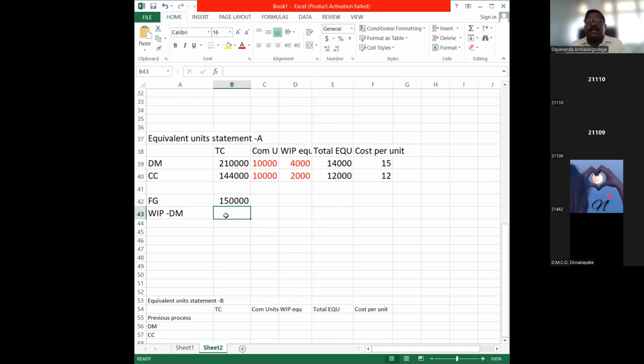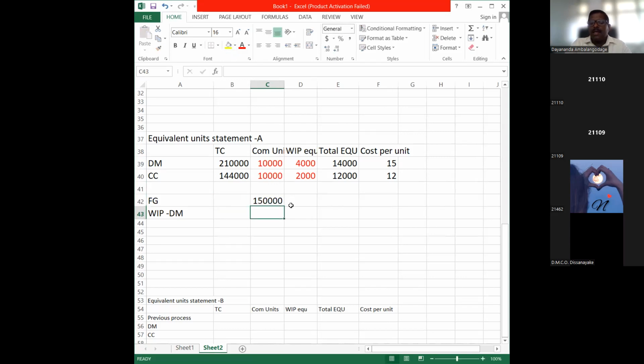Of course, direct material would be 150,000 here, no? It was 150,000. Direct material would be basically 4,000 into 15 rupees.